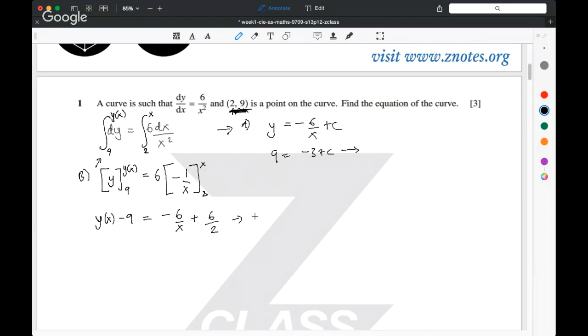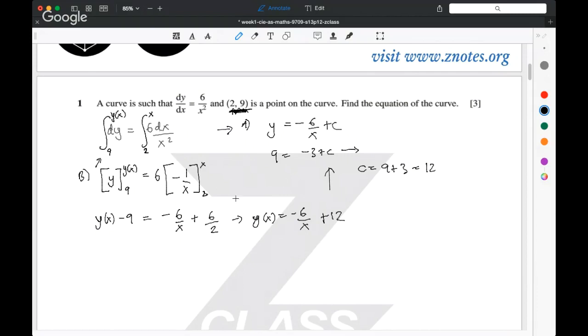And this is going to give you y of x is equal to minus 6 on x plus 12. And the same way, if you look back up here, c would be equal to 9 plus 3, which is 12.